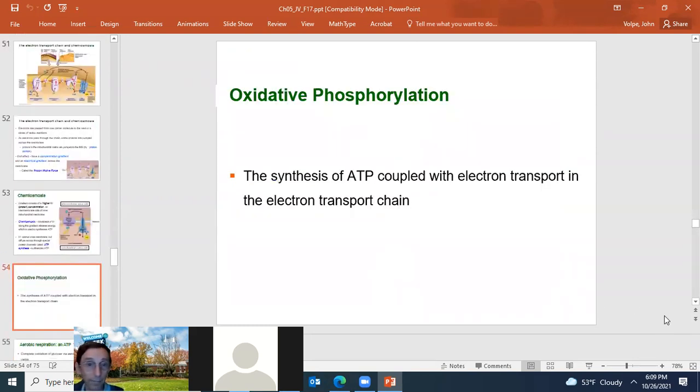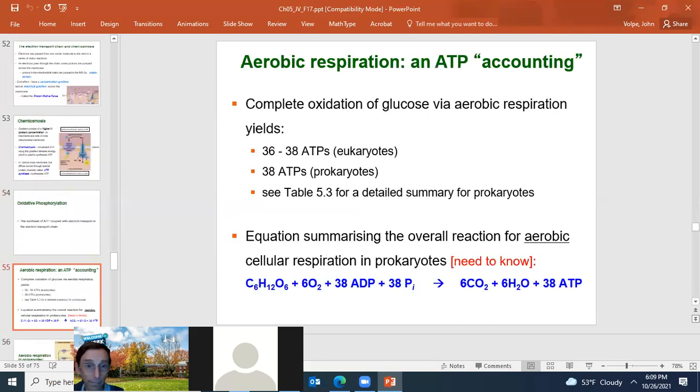So I'll mention it. And then the electron transport chain can be called oxidative phosphorylation. As I stated, I don't call it that, and your textbook doesn't either. There are a lot of terms that mean the same thing.